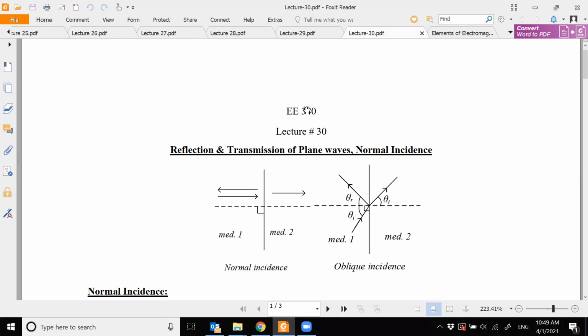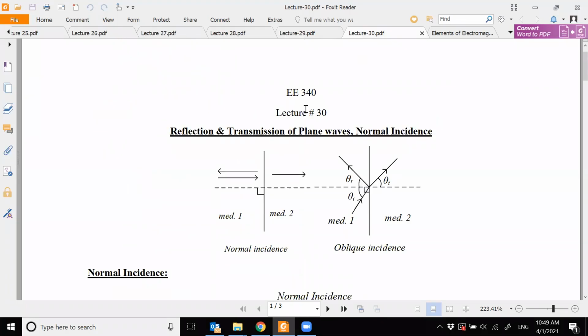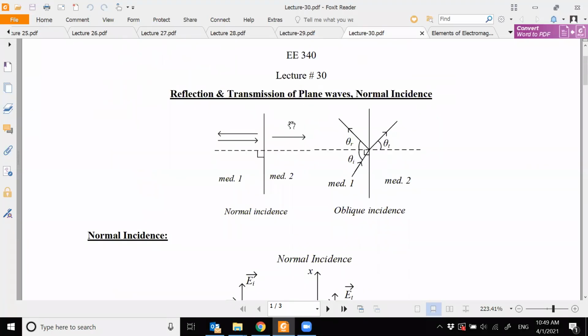Now in the next 2 or 3 classes, we will look at the following. If my electromagnetic wave comes and hits an interface, because till now we looked at only the boundary conditions of electrostatics and magnetostatics. Now we have an electromagnetic wave with both electric and magnetic fields.